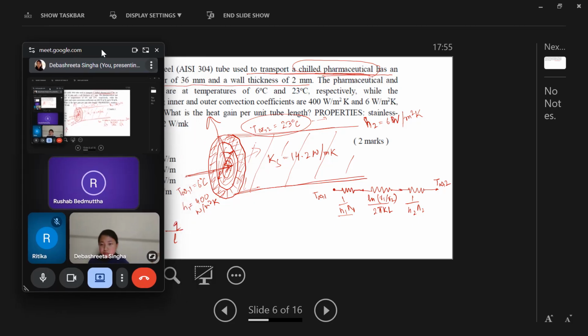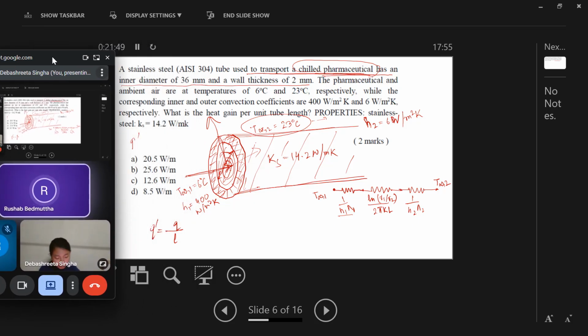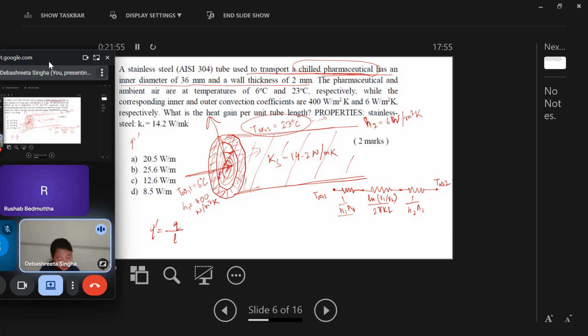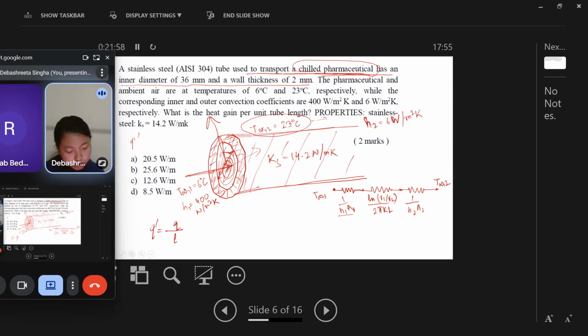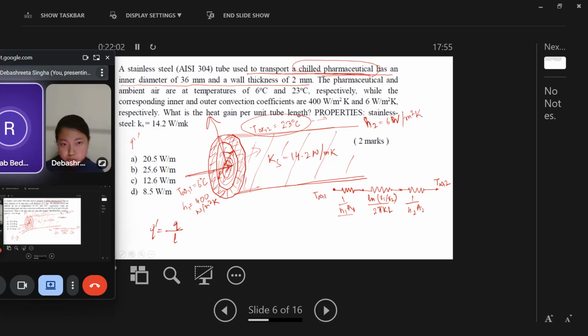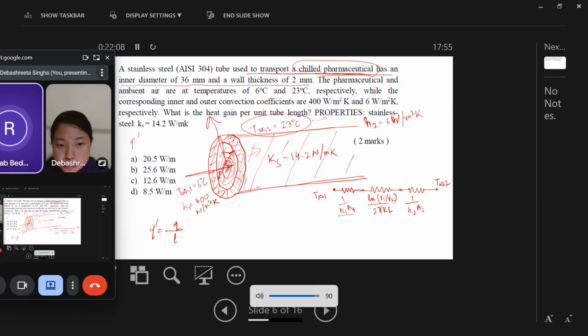Ma'am, the 1 by H1 into R1 and 1 by H2 into R2, is it not R, is it A? Correct, it's A. 1 by H1 into A1 and 1 by H2 into A2. Ma'am, but in the previous problem I considered 1 by H1 into R1 and 1 by H2 into R2.